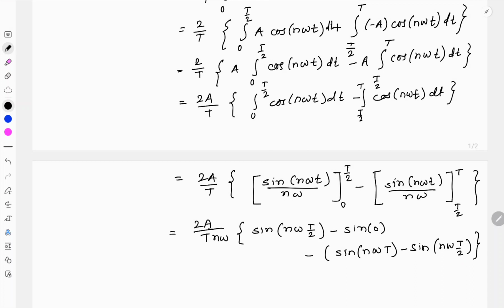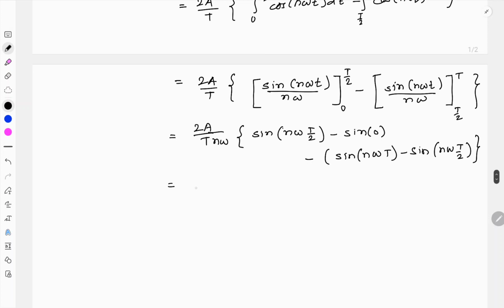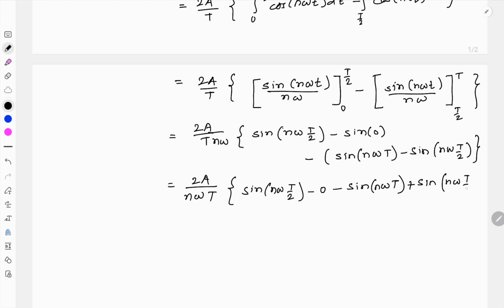So if we simplify this equation, here we have 2A upon n omega T, and now if you look at this bracket, the first term is sin of n omega T by 2 minus sin 0, which is 0, minus sin of n omega T, and minus minus becomes plus sin of n omega T by 2.